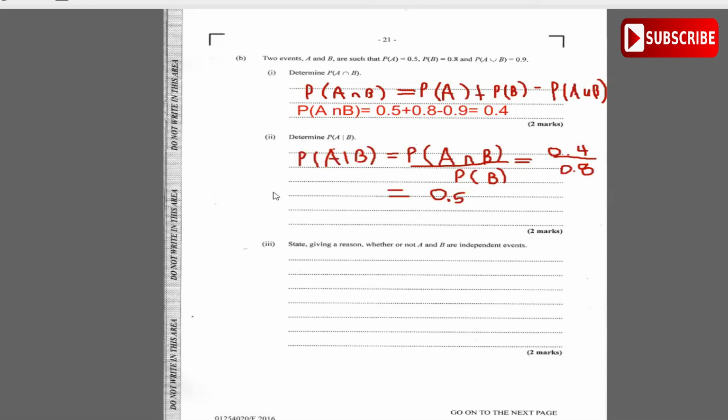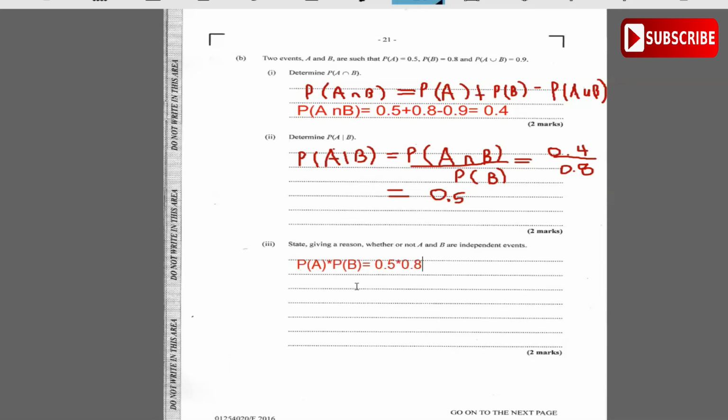They are independent if the probability of A times the probability of B is equal to the probability of A intersect B. So let's work it out. The probability of A is 0.5 times the probability of B of 0.8.